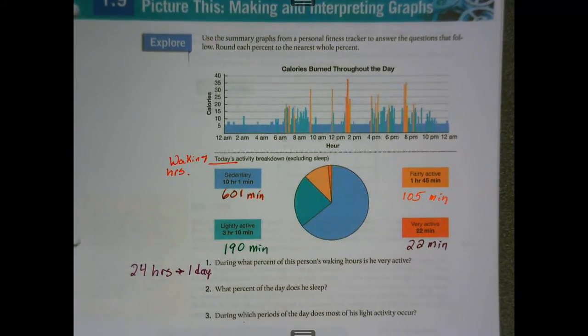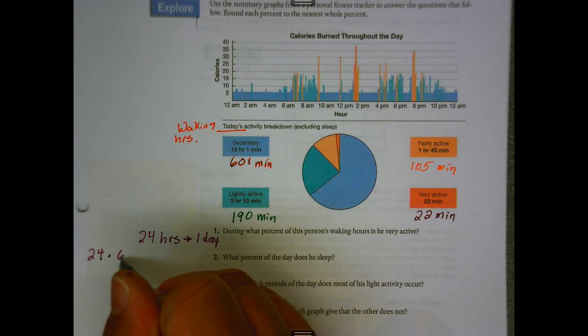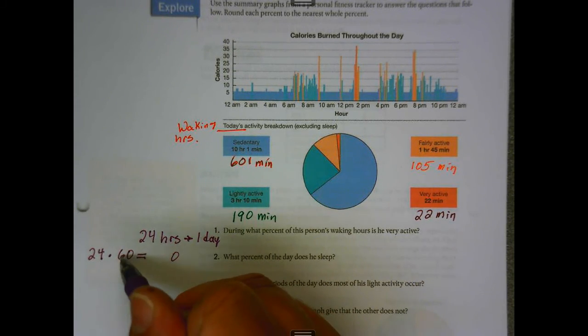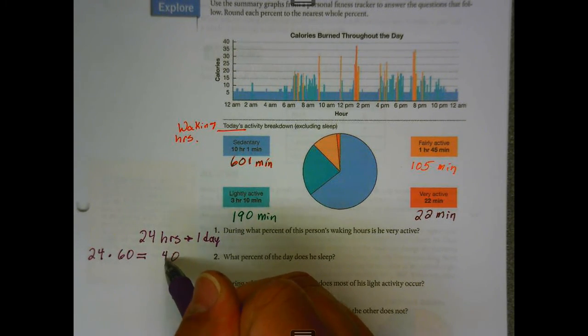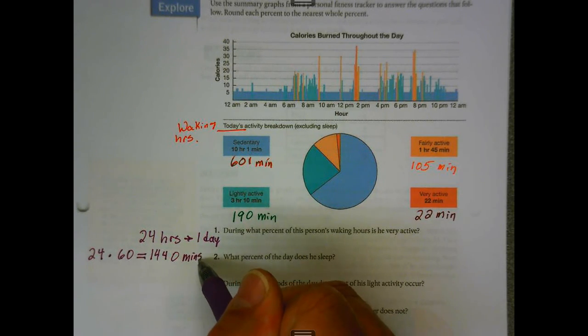And all I'm going to do here is multiply 24 hours times 60 minutes, and that'll give me total minutes. 6 times 4 is 24, 1,440 minutes. And that's my total.